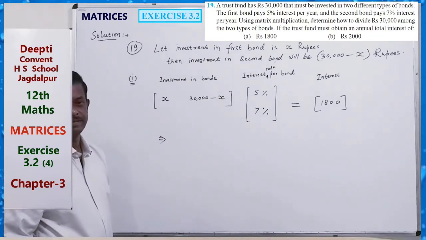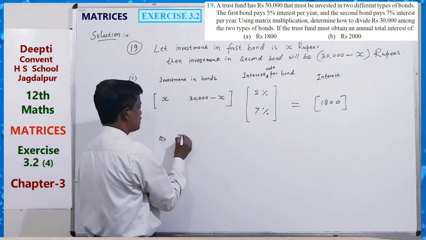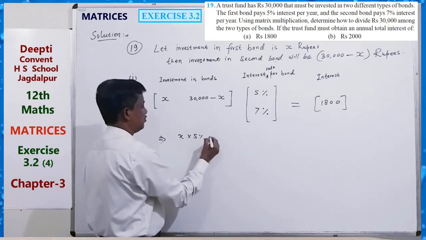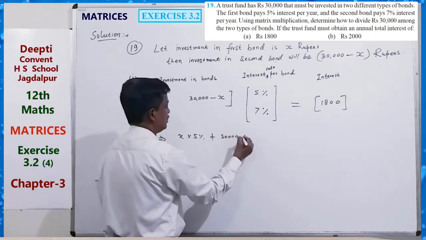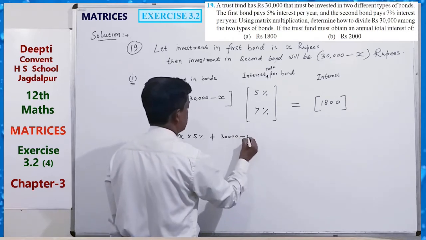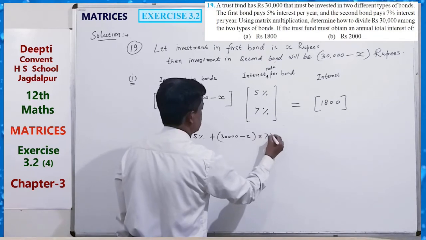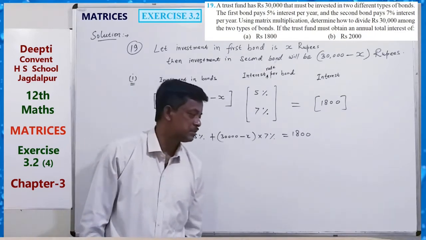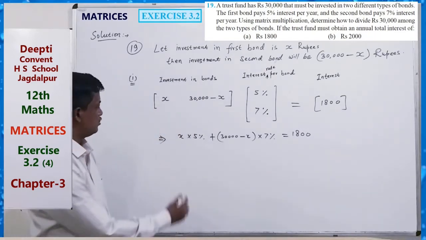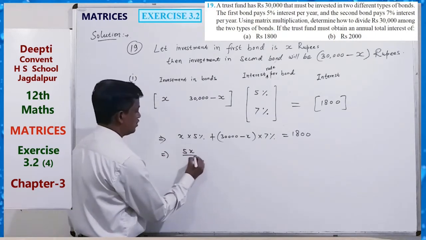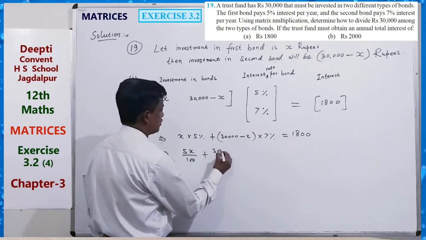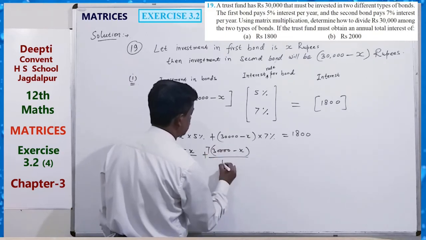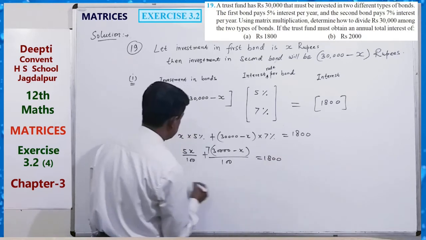Row by column: X into 5% plus 30,000 minus X into 7% equals 1800. That is, 5x upon 100 plus 30,000 minus X into 7 upon 100 equals 1800. Just solve it.